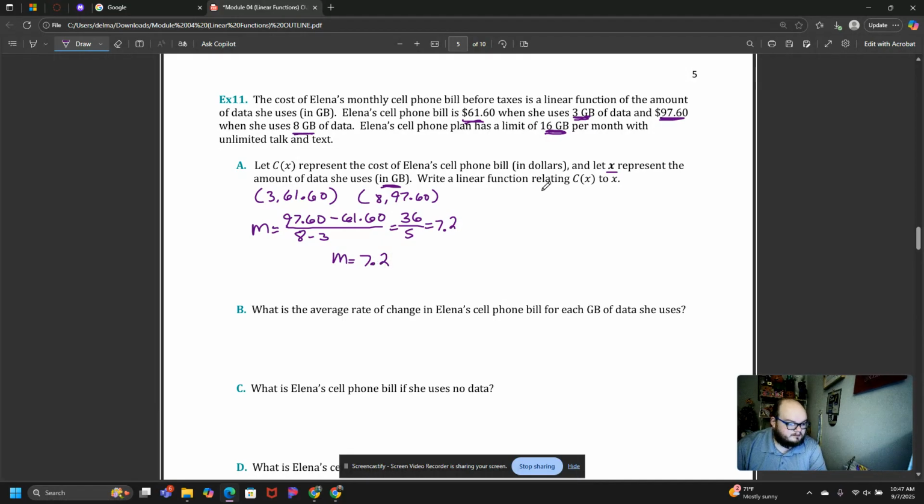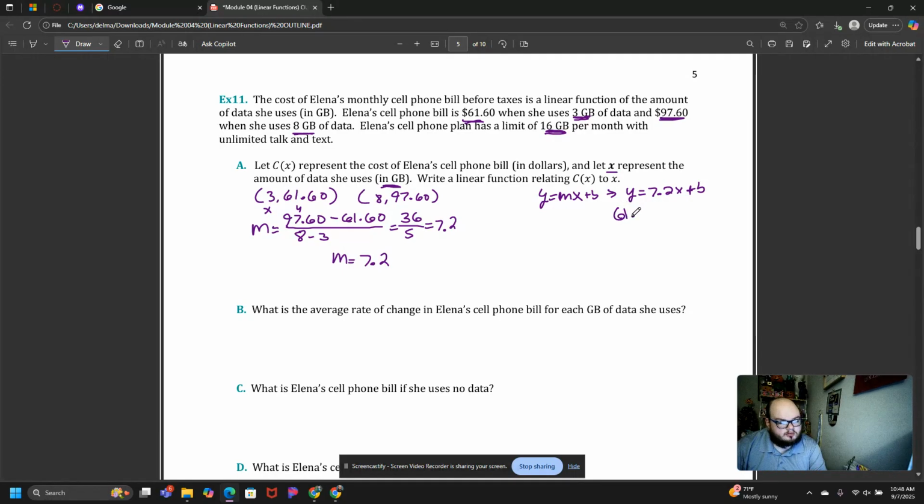So then we have to go over here and find out the base cost of the plan, which is the y-intercept, and we'll do that like we did earlier by plugging in those x's and those y's.